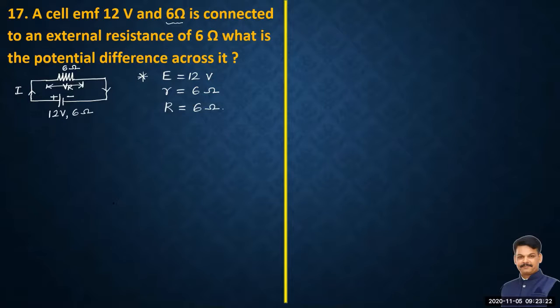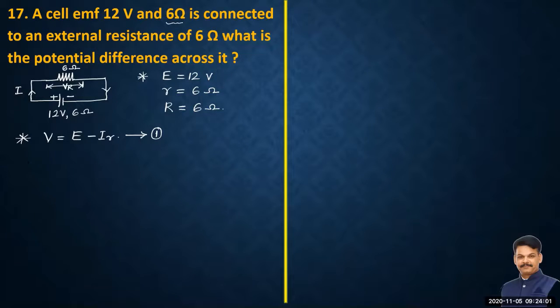We know one formula, that is V is equal to E minus I into r. r is the internal resistance, I is the current flowing in the circuit, E is the EMF and V is the potential difference. Okay, this is the first equation. With the help of this, we can calculate the potential difference across the resistor. But here the main thing is I don't know what I is. The current is not known.